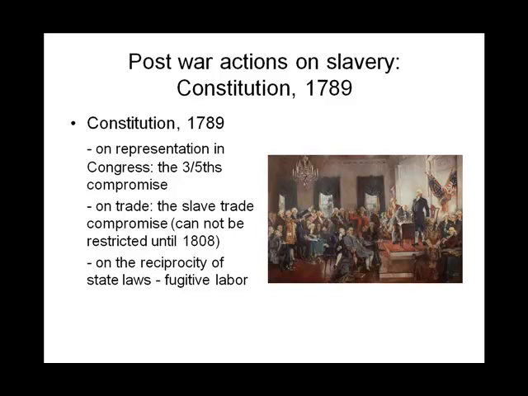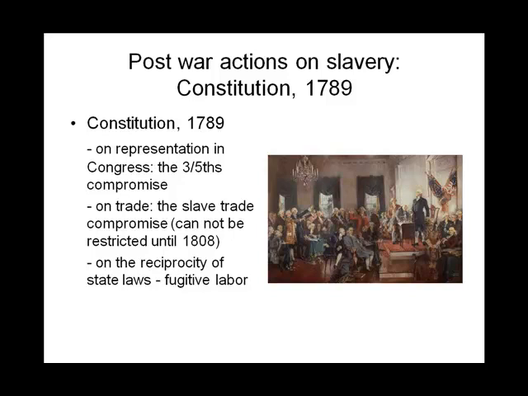You would take the whole population of free people, and to that you would add 3/5 of the population of slaves or non-free people in your state.